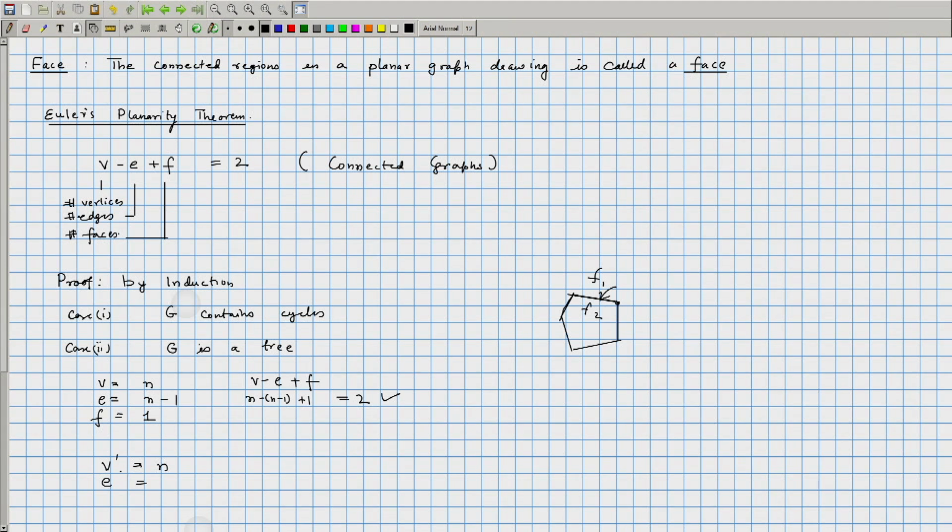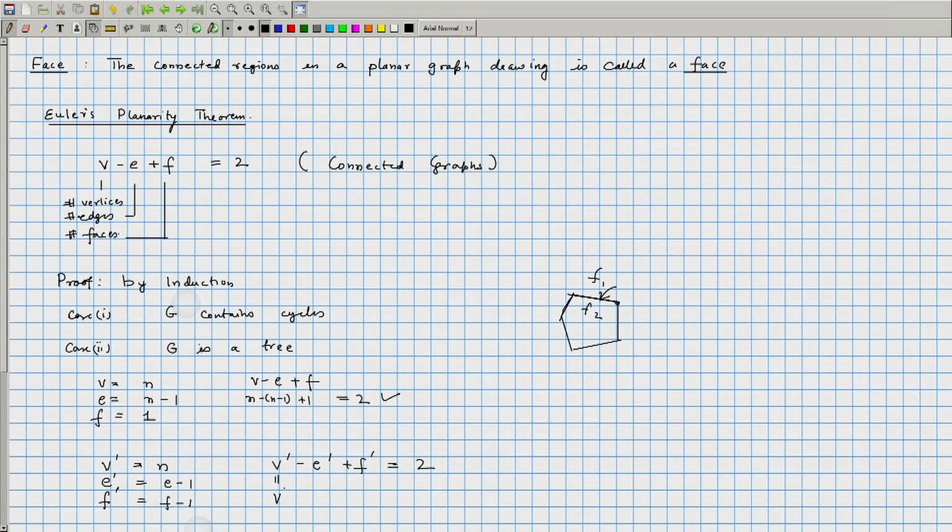If you think of this as the reduced graph, the number of vertices is the same as the original one, E prime will be equal to E minus 1, and F prime will be F minus 1. By the induction hypothesis, we can say that V prime minus E prime plus F prime must be equal to 2.